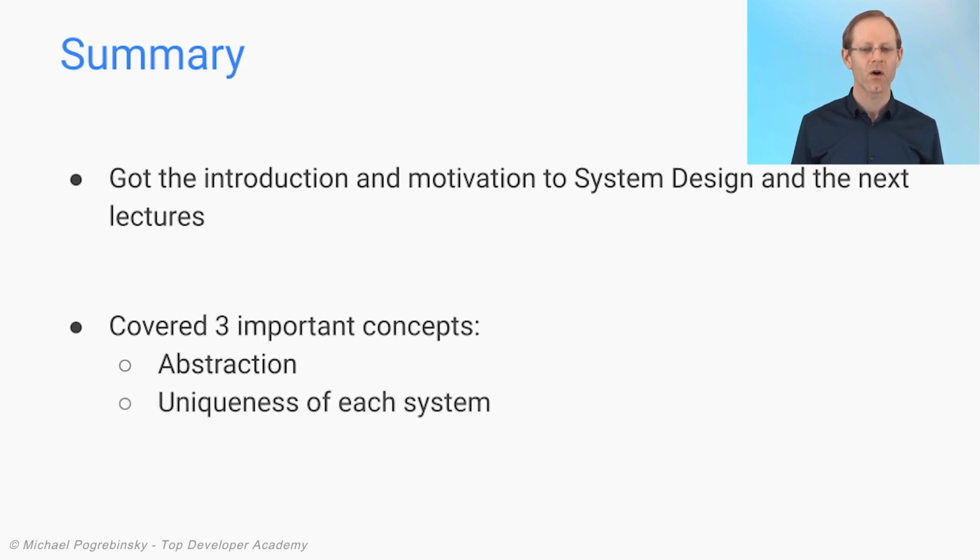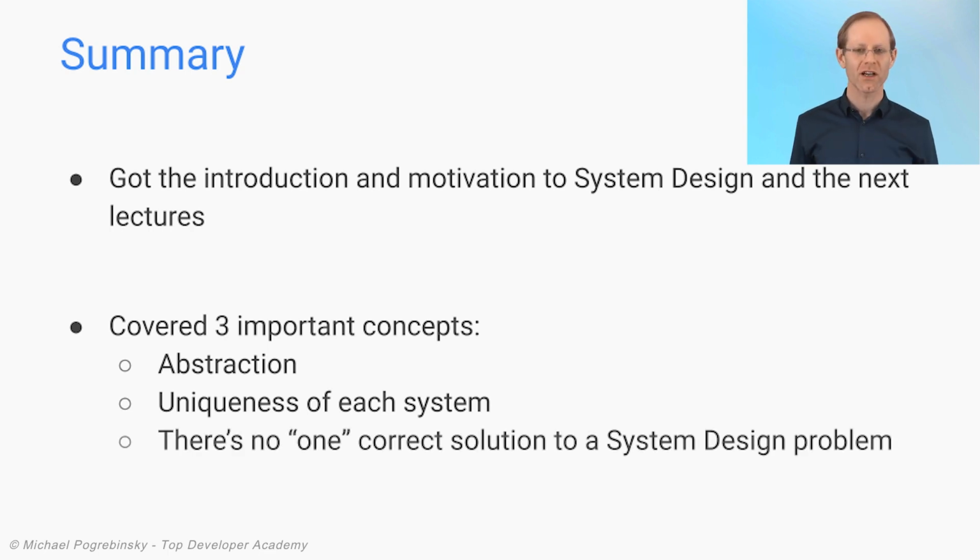The second was the uniqueness of each design problem, which requires us to think, make trade-offs, and avoid blind duplication or solution copy-pasting, since it simply doesn't work in system design. And the last concept was the fact that there is never one correct and optimal solution to a design problem.